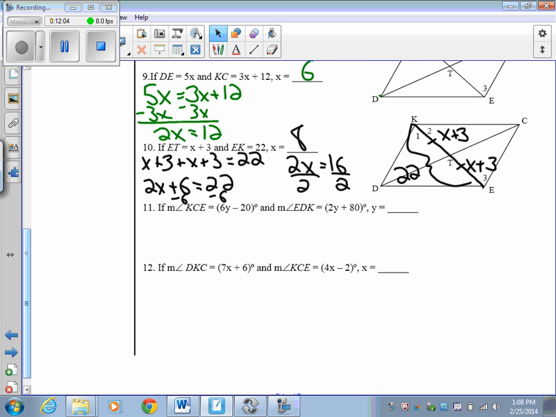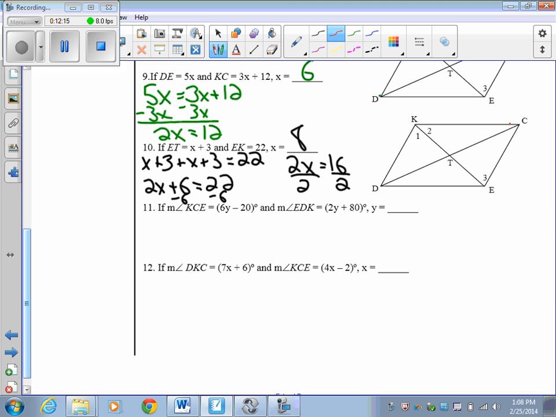A couple more examples to go. Number 11 says if angle KCE, so that's this one right here, is equal to 6y minus 20, and EDK is 2y plus 80, what is y?